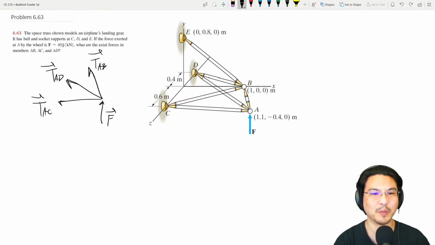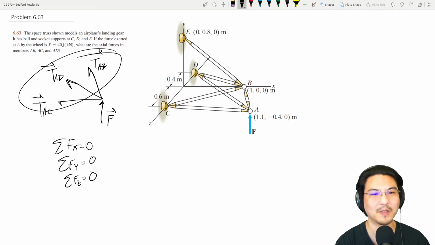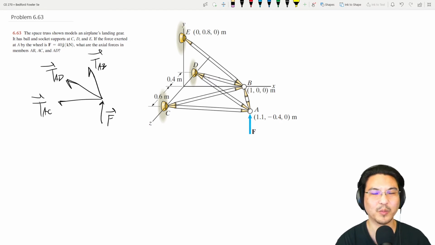So basically we can write three equations and solve for our three unknown axial forces. That's it. But before we do that, why don't I break down each of these vectors into components?